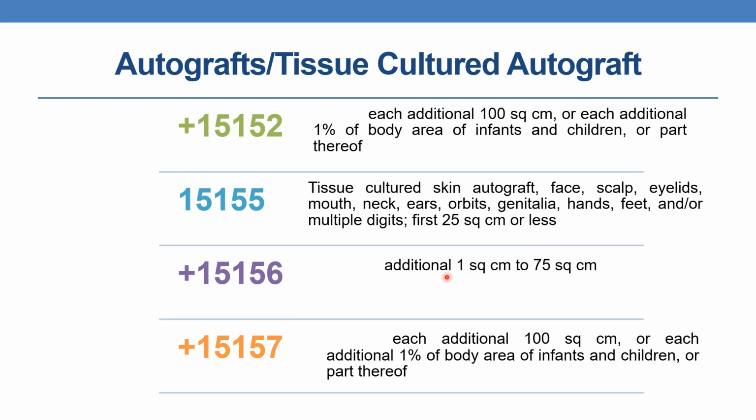For each additional 1 square centimeter after 25 square centimeters, up to 75 square centimeters, you need to report it with plus 15156. The next is plus 15157, each additional 100 square centimeters or each additional 1% of body area of infants and children or part thereof.